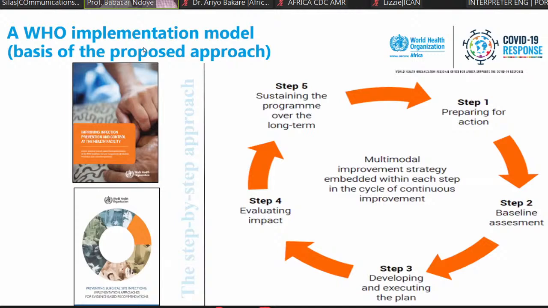Step 2 is the proceeding of baseline assessment. Baseline assessment is a situation of the country before starting activities. Step 3 is the activities for developing and executing the action plan.